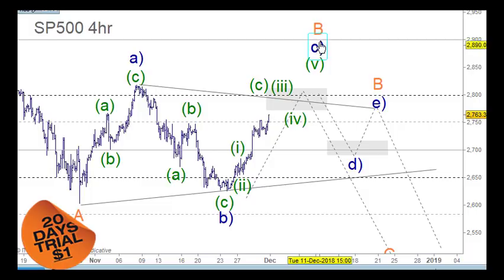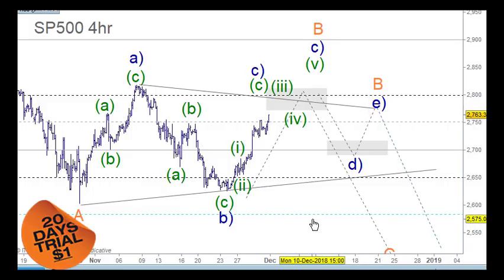If it's 5 waves, that will make wave B here. But if it's only in 3 waves, if I just copy that and put that over here, so 1, 2, and 3 here, that could be wave C of wave C, and then we come down for another 3 waves in wave D, and then E as wave B, and then we go down from that point.